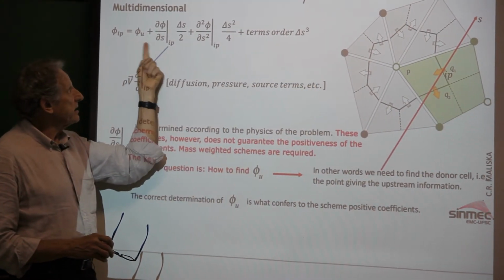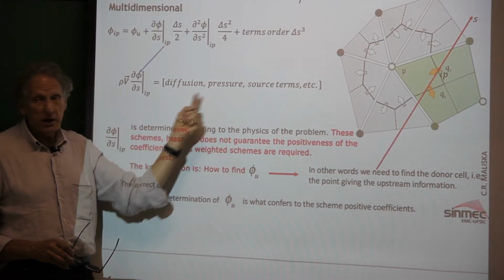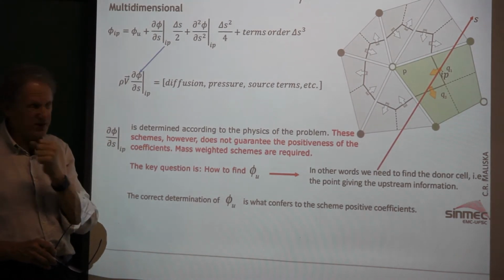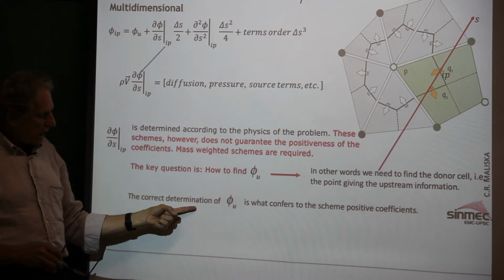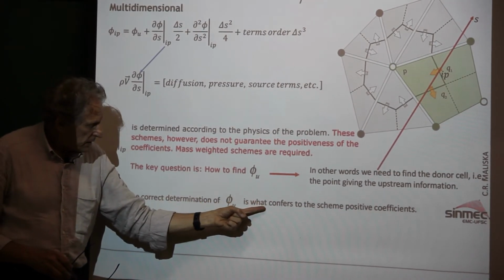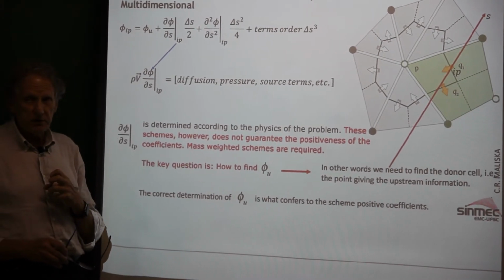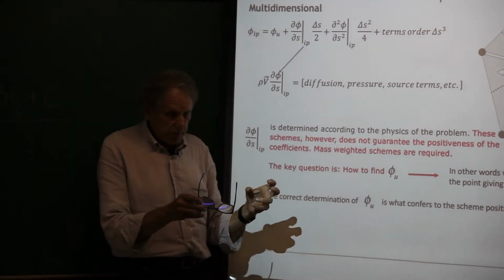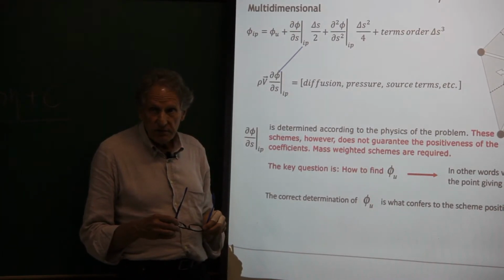That's what is here. The physics is there in the equation. We need to now apply the concept of donor cell, because then the coefficients will be positive.